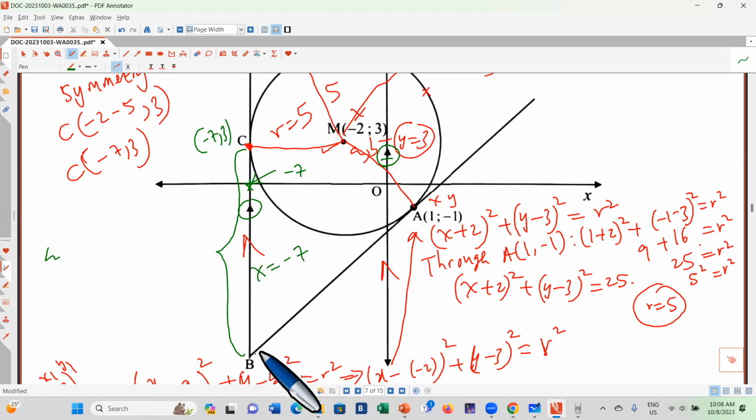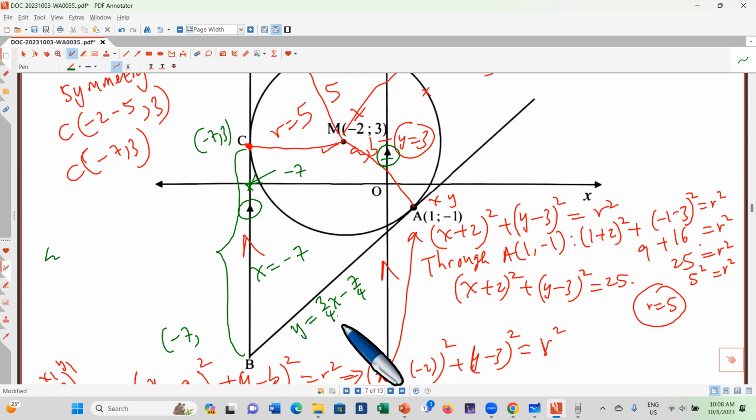So the coordinates of the point B would have x equals -7, and then we just need to get y. But you already know the equation of the line AB. What is the equation of the line AB? This one has the equation y is equal to 3/4 of x minus 7/4.